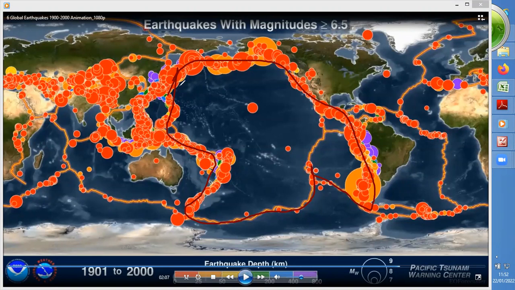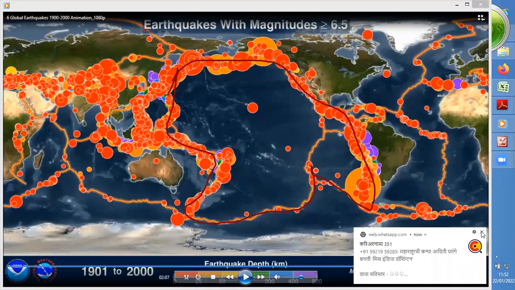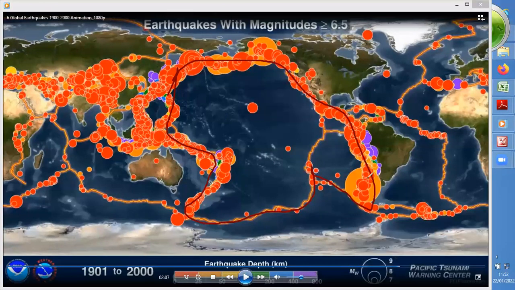Okay, so this location is considered as a ring of fire, and about 85% earthquakes occurred here on this ring of fire, that is in the Pacific Ocean. Now remaining 15%, okay, so remaining 15% locations are in trans-Mediterranean.